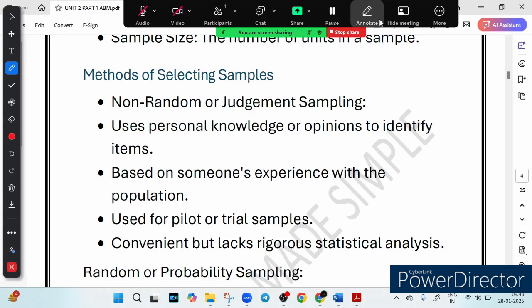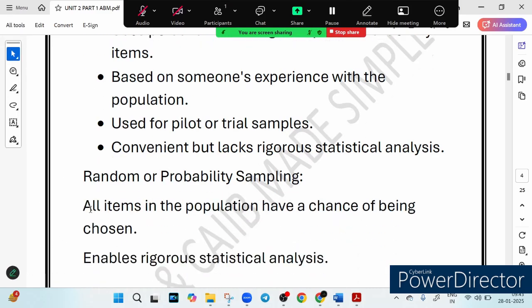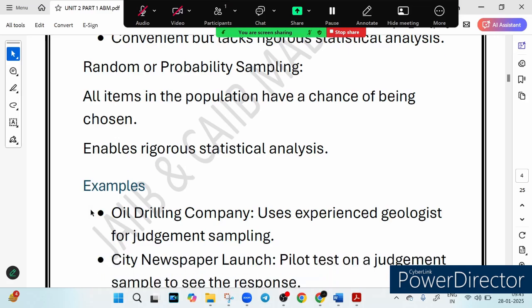After this, let's talk about random sampling, which we also call probability sampling. What is the meaning of random or probability sampling? It is exactly what it sounds like. Every item, every individual in the population has an equal chance of being picked.